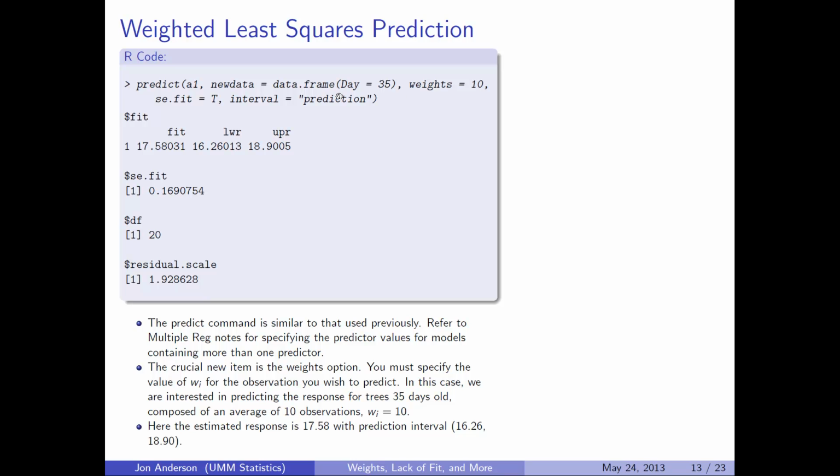We'll use the prediction option to predict the average number of stem units, and when we do that, we get an estimated value of 17.58 with these confidence bounds. And I think it's just important to know here that you need to specify the appropriate weight when you make the prediction.